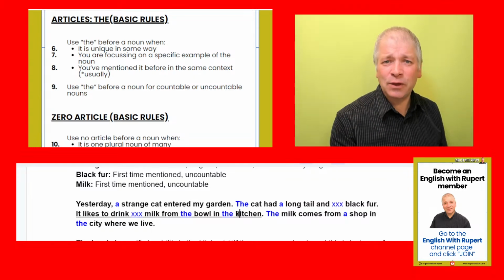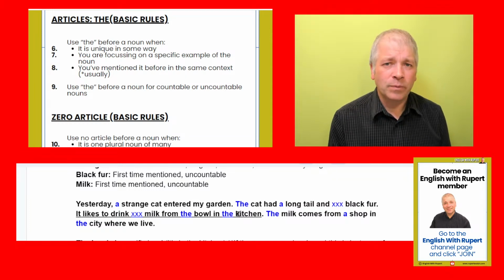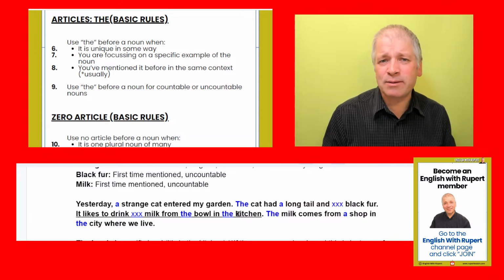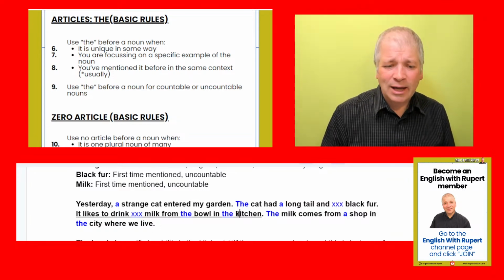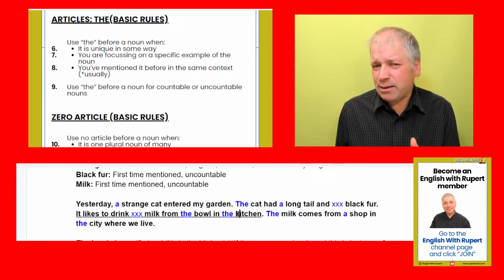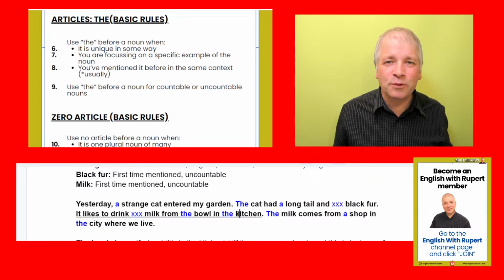And that's the key thing sometimes when we're choosing whether to use a or the. We need to think, is it specific to an area that I have defined myself? If I had not said in the kitchen, then it would have made sense to say a bowl. I'm just talking about any bowl out of all the bowls that exist.